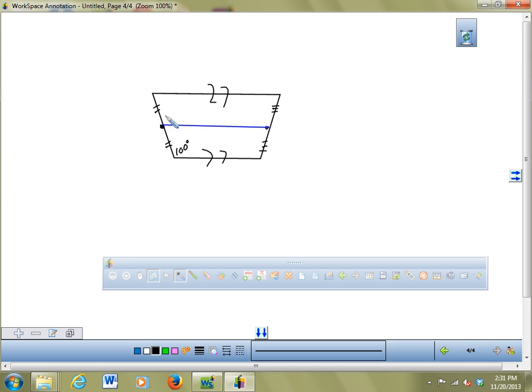And I ask you to find angle X over here. Then I tell you that this is 12, and this is 5, this is 8, and I ask you to find this piece. Could you do that?